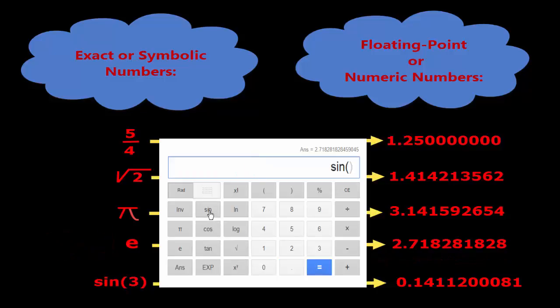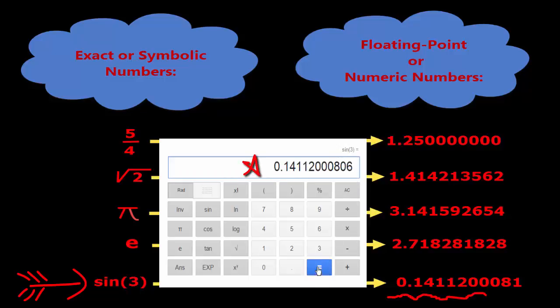For exact number, such as sin 3, by rounding off or approximating, we can get the numeric number 0.1411200081.